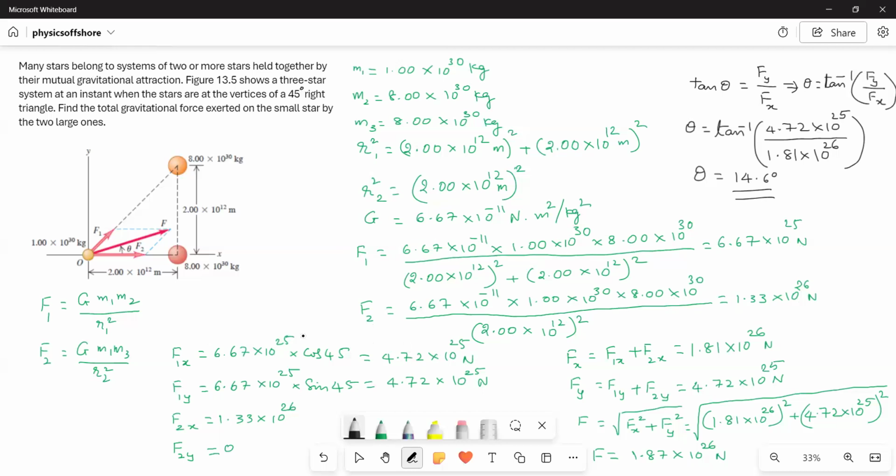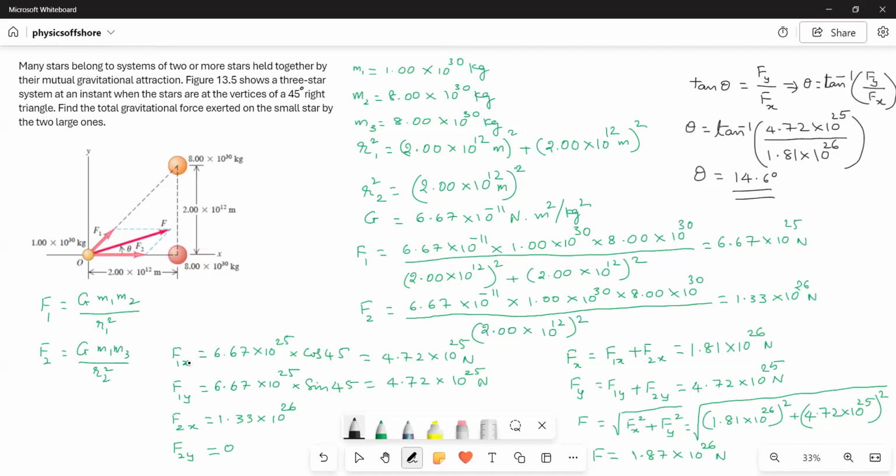Now we have to take the components, because F1 is making an angle of 45 degrees, while F2 has no angle and is straightforward along the x-axis. So we have to resolve the forces into components F1x, F2x, F1y, and F2y.